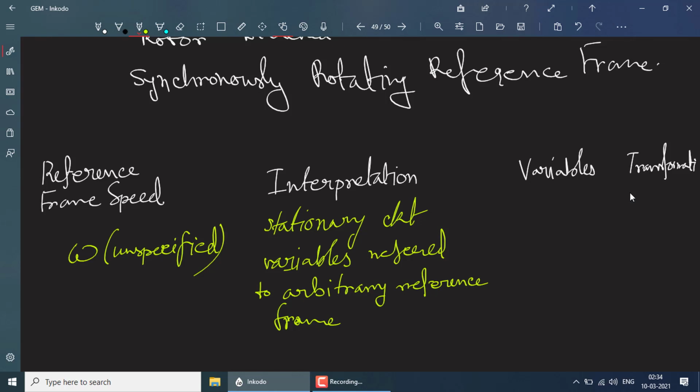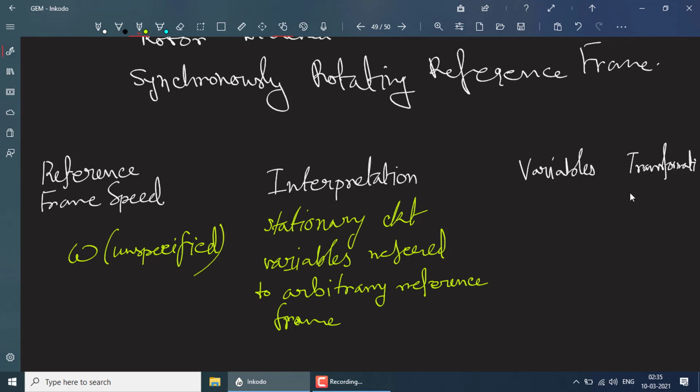What we can do is consider that the reference frame is rotating at slip speed, or it can have any arbitrary speed. For an example, I am considering the case of slip speed.